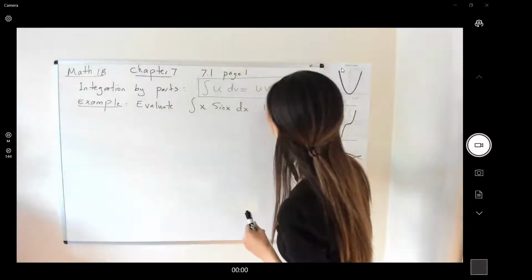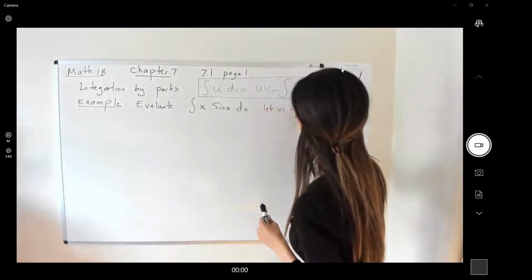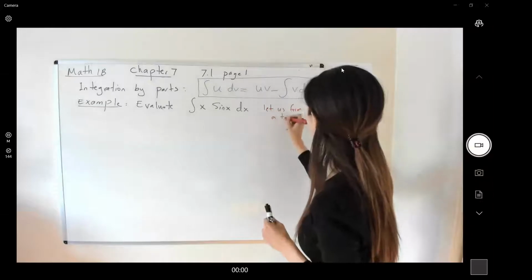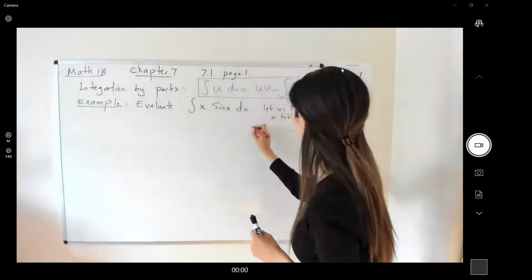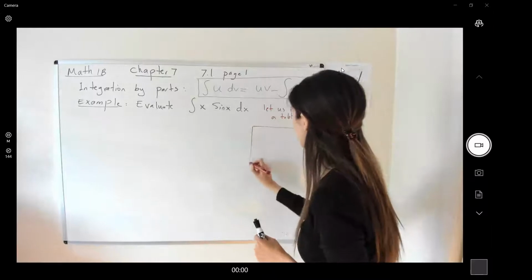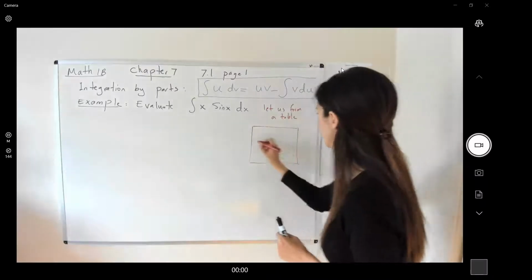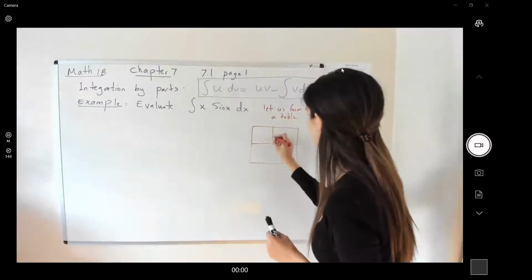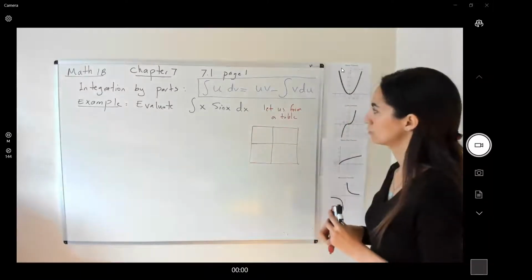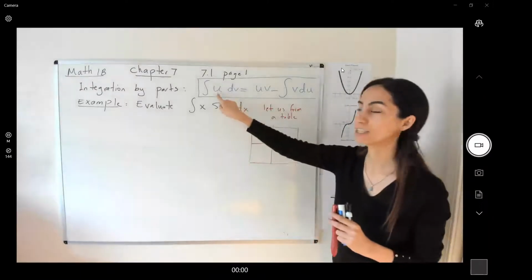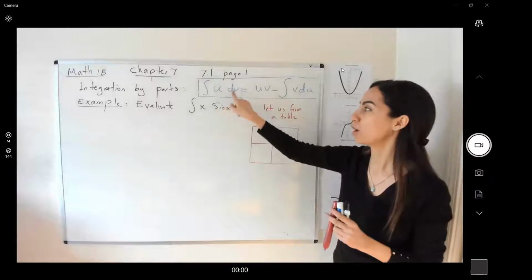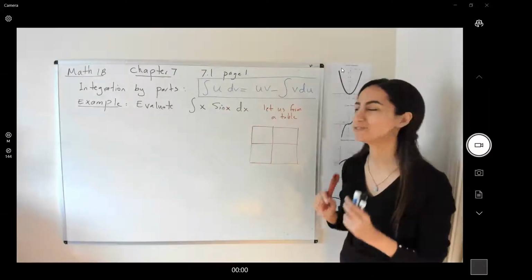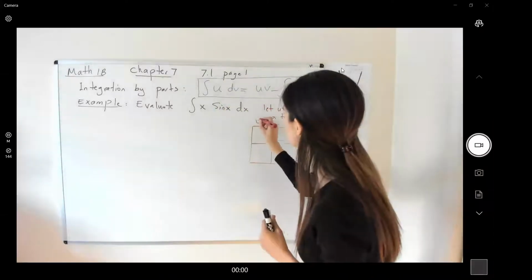So let us form a table. You need to identify your u, and you need to identify your dv. What is u?